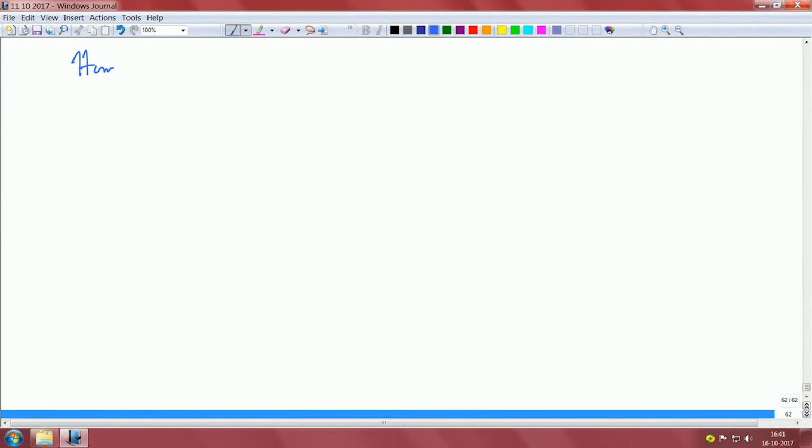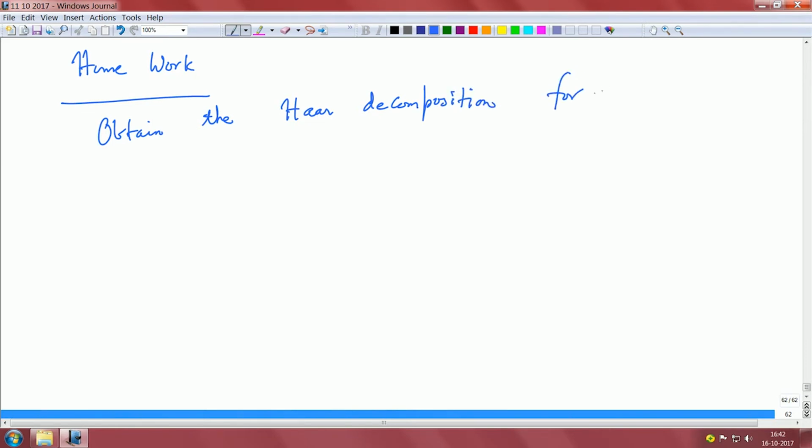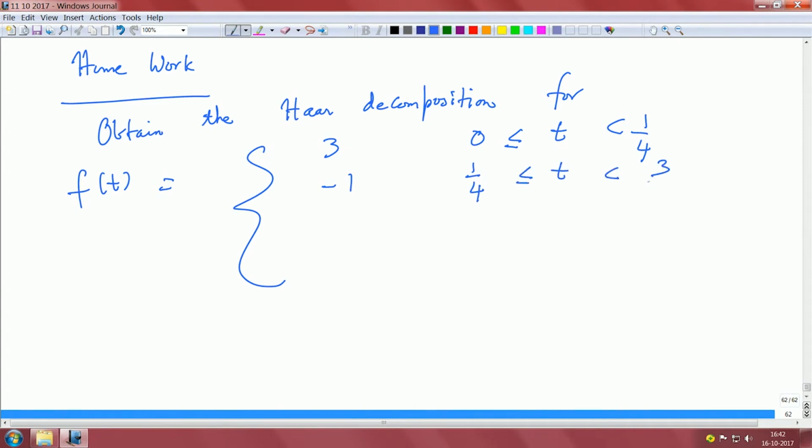Okay, I will give you a homework exercise here. Obtain the Haar decomposition for f of t equals 3 for 0 less than or equal to t less than 1/4, minus 1 between 1/4 and 3/8, 2 between 3/8 and 5/8, and 0 between 5/8 and 1.